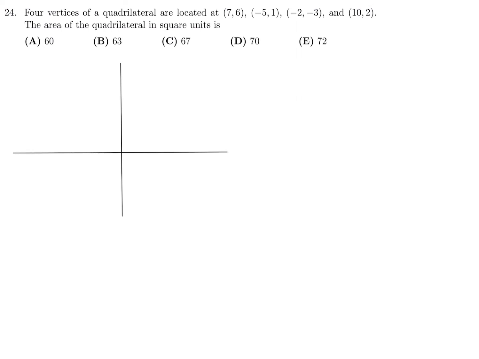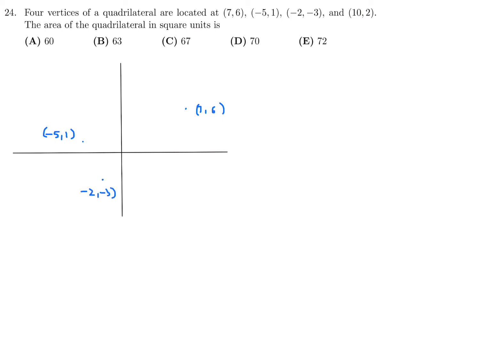Very rough sketch. So 7, 6, approximately here. And then negative 5, 1, so right here approximately. And then negative 2, negative 3 about here.